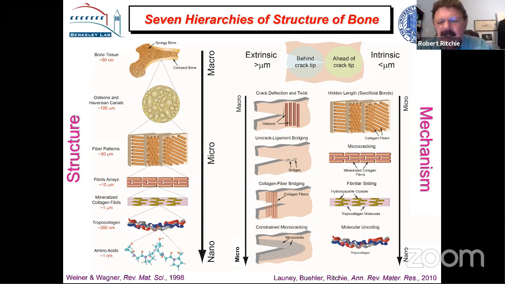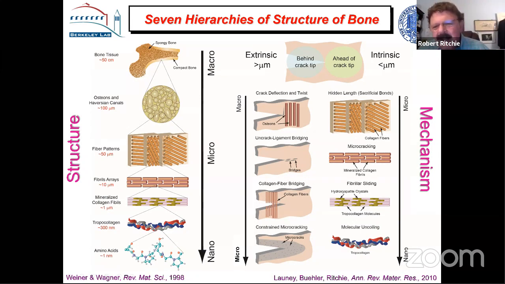So I looked at this a few years ago with Marcus Buehler, to see how you can characterize the toughening mechanisms in bone. And this intrinsic-extrinsic notion works very well, because if you look ahead of the crack tip, which is the intrinsic region, you're dealing with primarily plasticity mechanisms, which originate generally at smaller scales, below a micron, certainly.